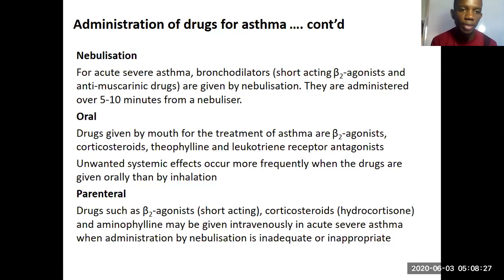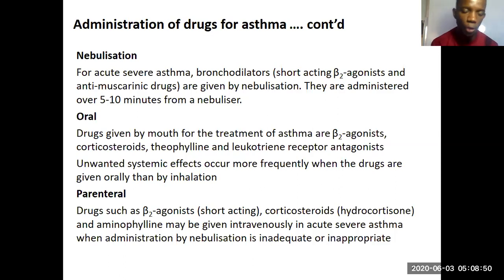Then we also have nebulization as another administration of drugs for asthma. For acute severe asthma, bronchodilators, the short-acting beta-2 agonists and muscarinic drugs are given by nebulization. They are administered over 5 to 10 minutes from a nebulizer.